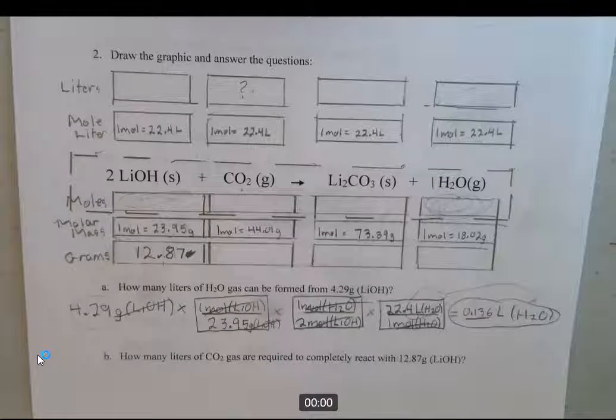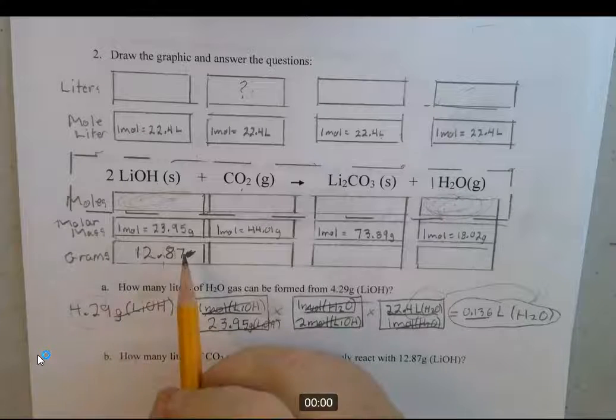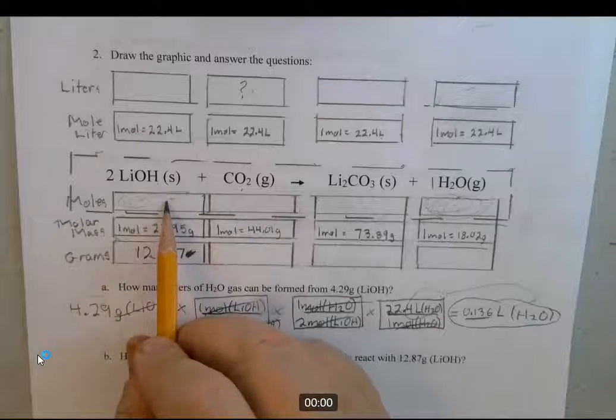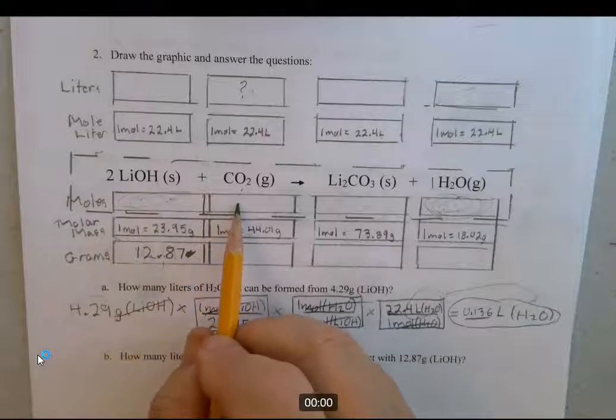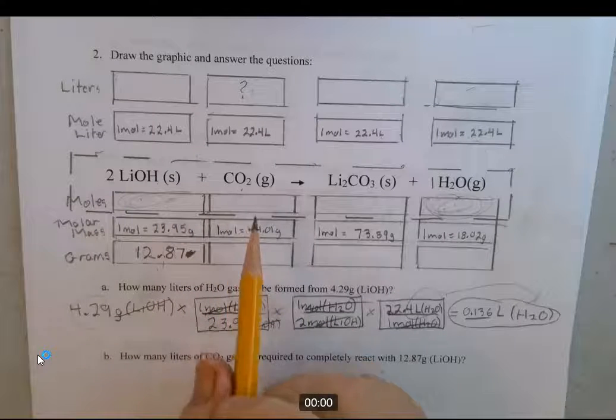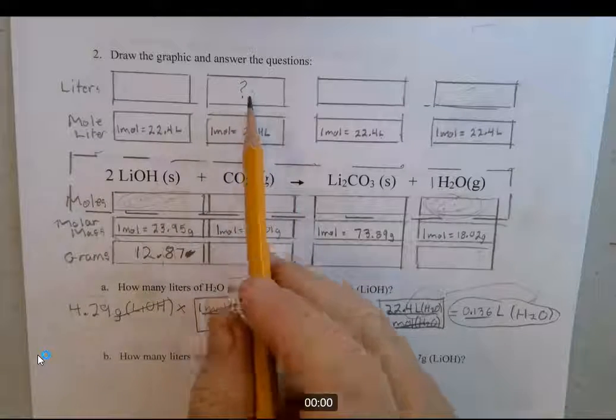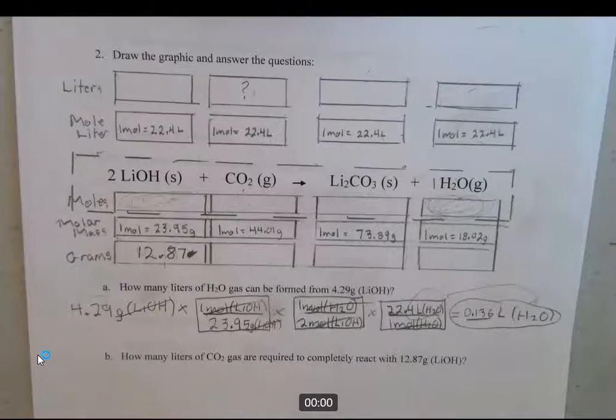We need to get it into moles. So let's go ahead and set this up. And this is going to be again 3 conversions. You have to get into the equation with LiOH, move over to carbon dioxide, moles to moles, and then move out up to liters of CO2.